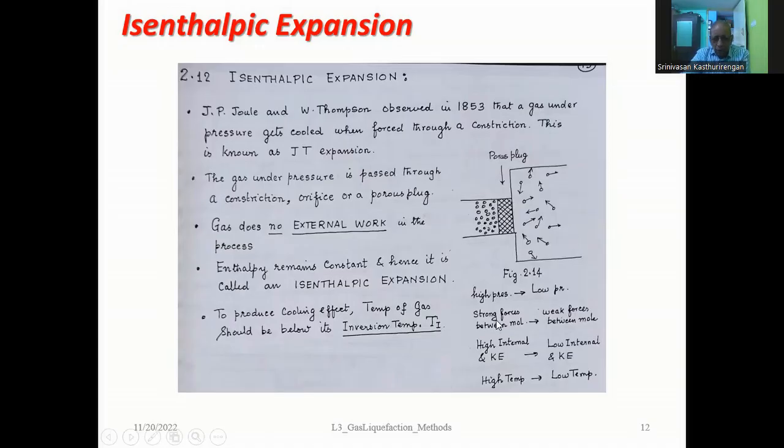So obviously the left-hand side is at high pressure, right-hand side at low pressure, strong forces between the molecules on the left-hand side, and it results in weak forces after the expansion between the molecules in the RHS, and high internal and kinetic energy on the left-hand side, whereas low internal kinetic energy on the right-hand side. The high temperature of the gas now becomes low temperature of the gas on the RHS.